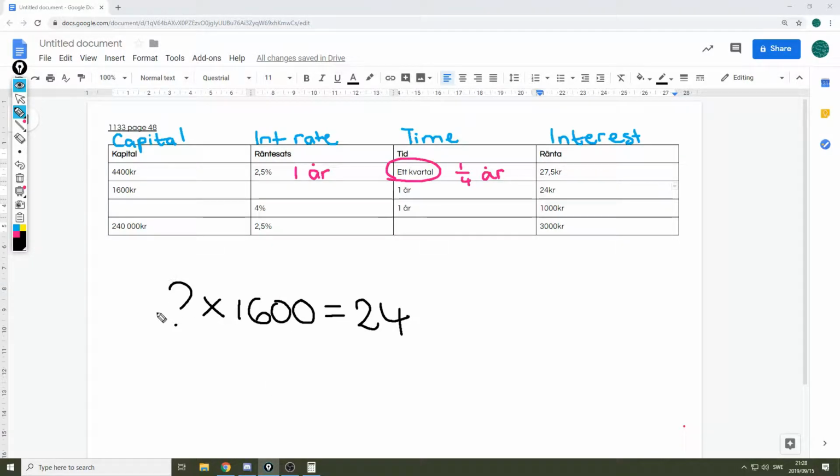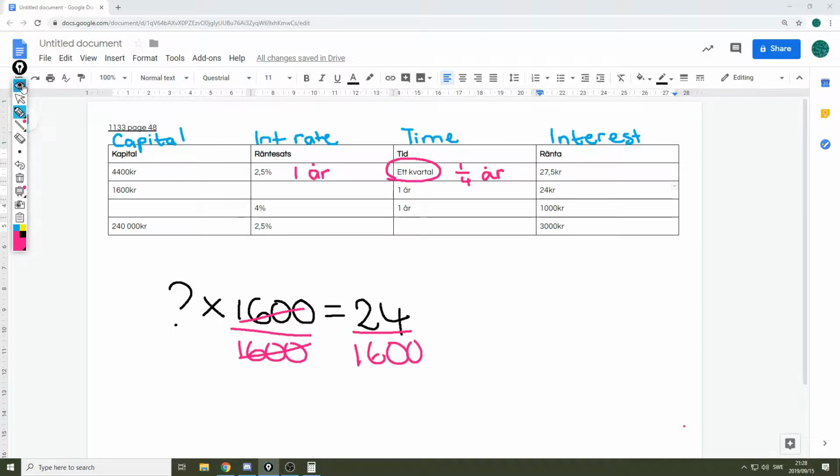Now, I need to figure out what this question mark is, but I can't do this because this 1,600 is in the way. So if I divide each side by 1,600, I'm going to wind up with an answer, right?